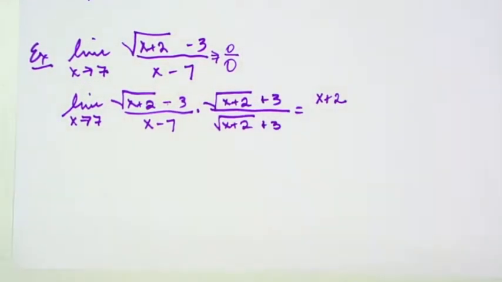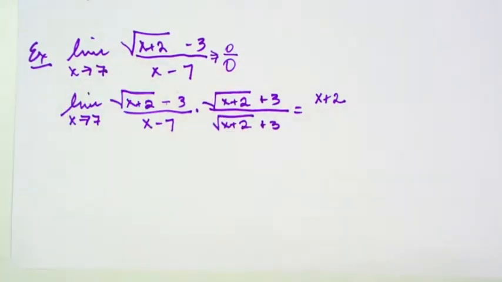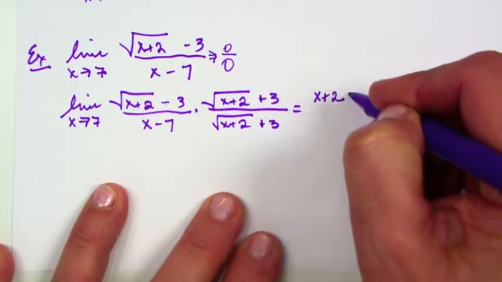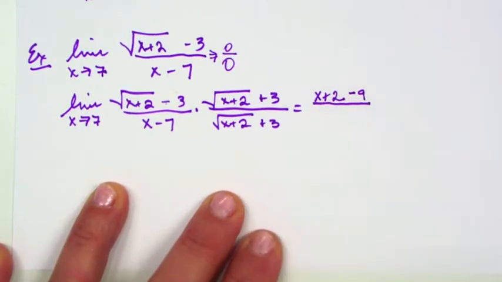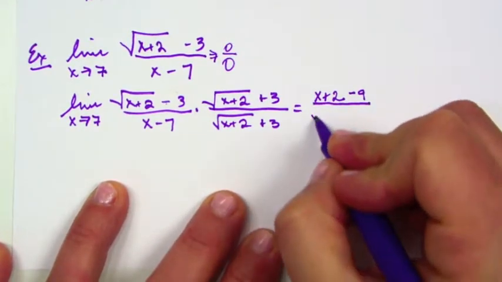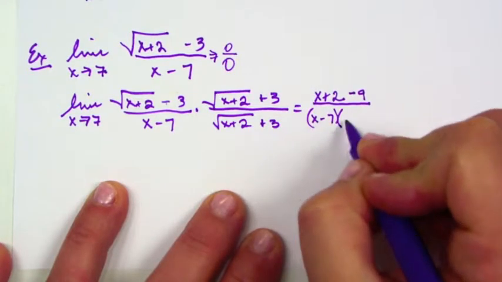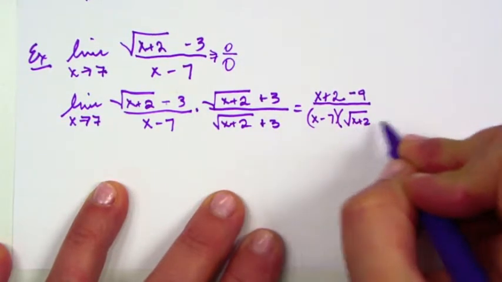So I get x plus 2, my inner and outer terms go away. That's the whole point of multiplying by the conjugate, right? And then I get negative 9 in the numerator. And on the bottom, I just have this whole thing left, the x minus 7 and that.